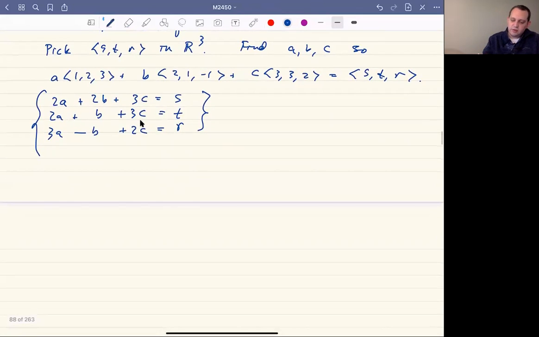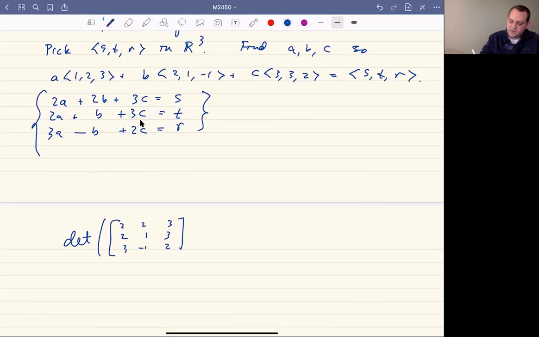One thing we can see right away is to look at the determinant of the matrix: 2, 2, 3, 2, 1, 3, and 3, negative 1, 2.